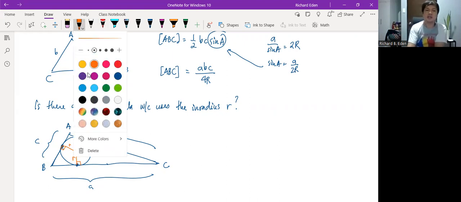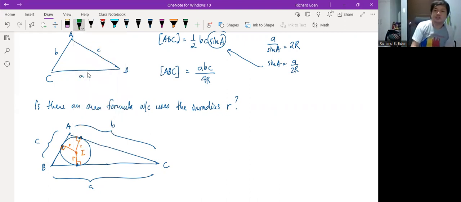Okay, here's what I'm gonna do. I'm gonna divide this triangle into 3 triangles.